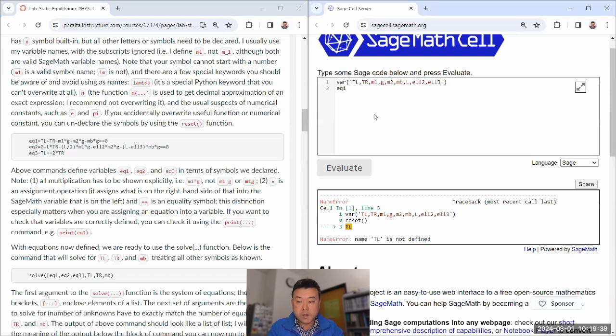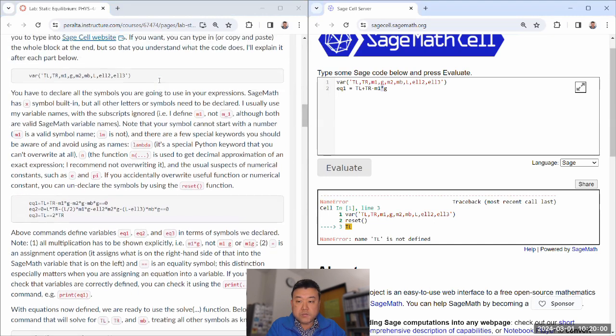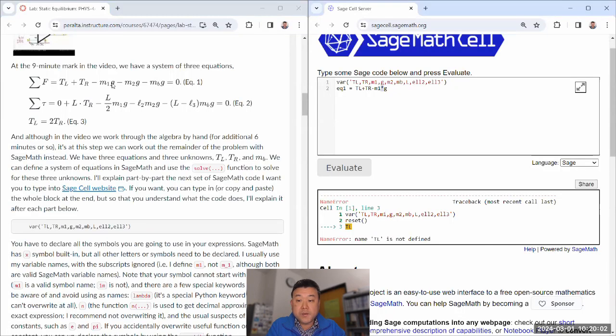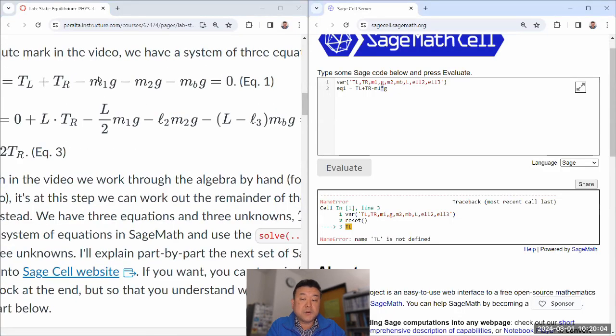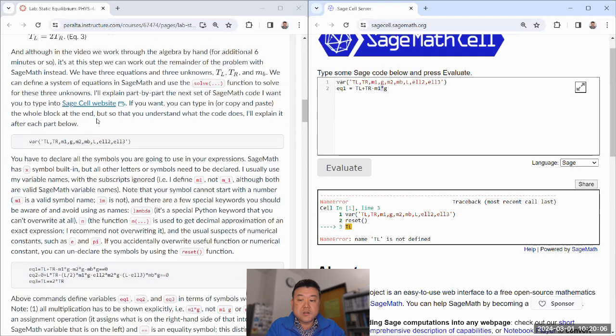So equation 1, that SageMath variable, is being assigned this expression, which is going to be an equation. TL plus TR minus M1 times asterisk G. Now in SageMath, you have to be careful to always indicate multiplication, because the way it was written above in human readable format, we had implied multiplication, and SageMath doesn't understand that.